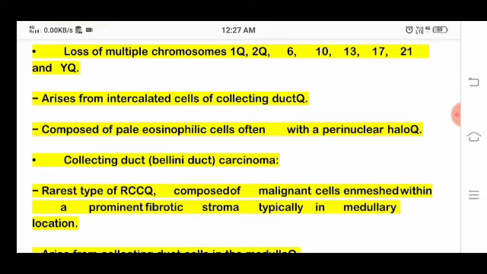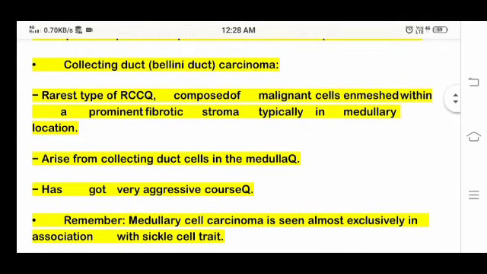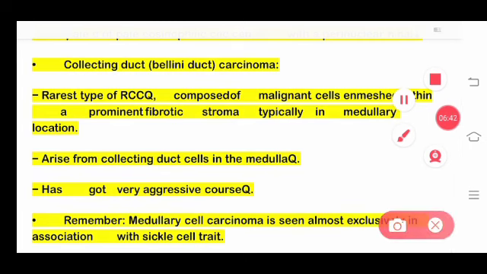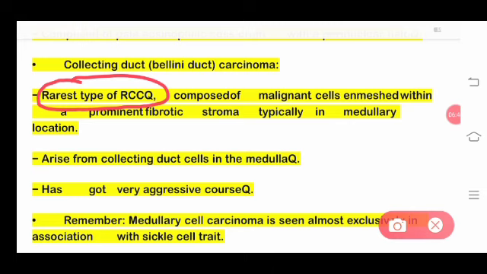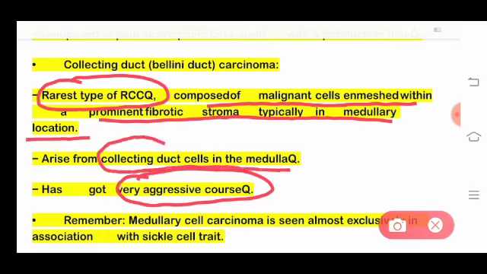Now moving to another carcinoma, that is collecting duct or Bellini duct carcinoma. This is the rarest type of RCC and has a very aggressive course. Here they are composed of malignant cells with a prominent fibrotic stroma, typically in a medullary location. These arise from collecting duct cells in the medulla.